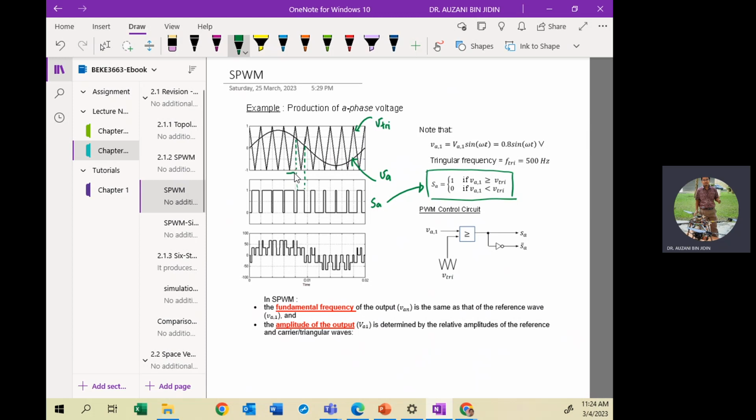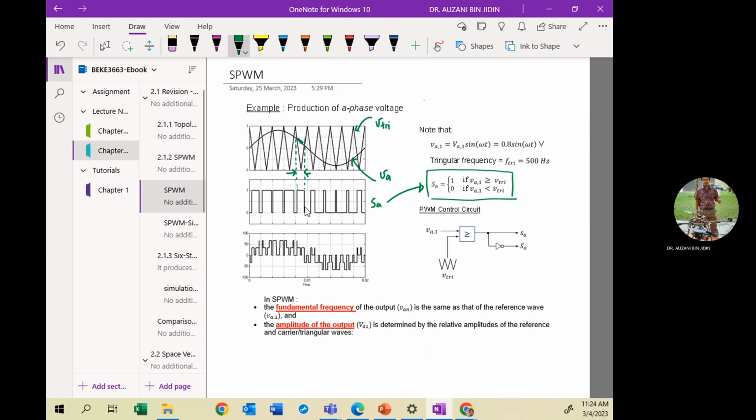If you analyze this interval by comparing the modulating and the triangular signals, you can notice that VA is larger than the triangular waveform. So your output status SA is 1.